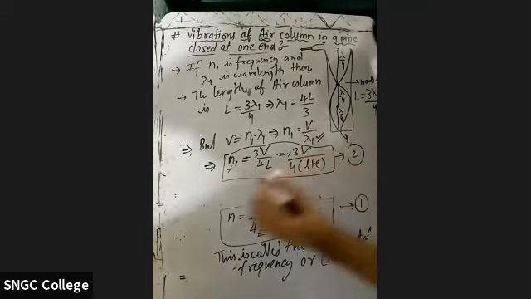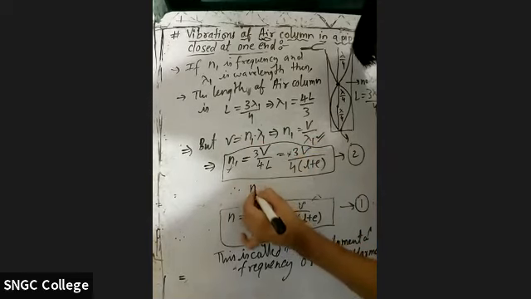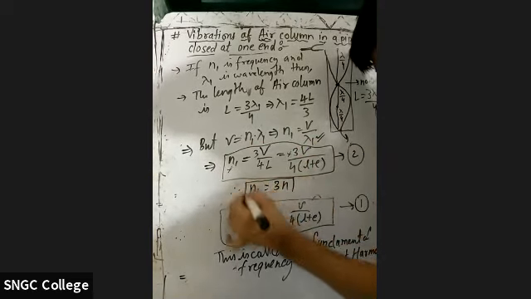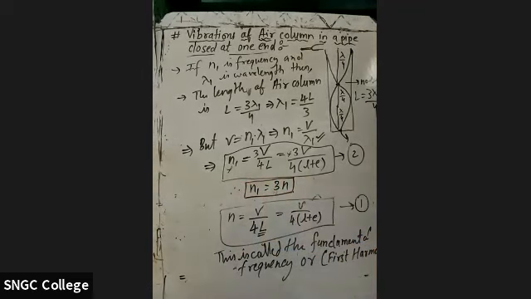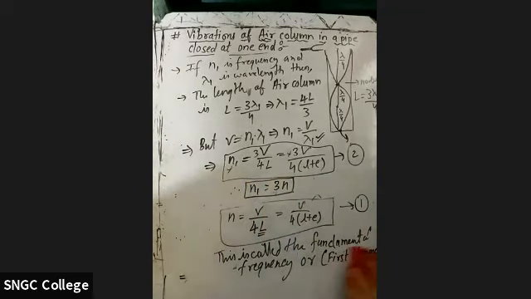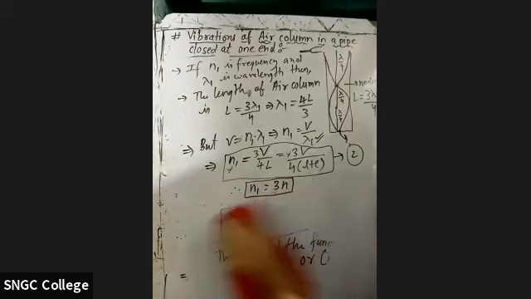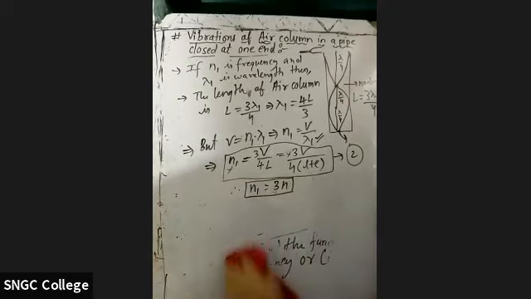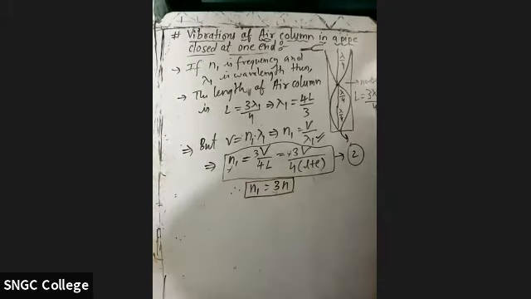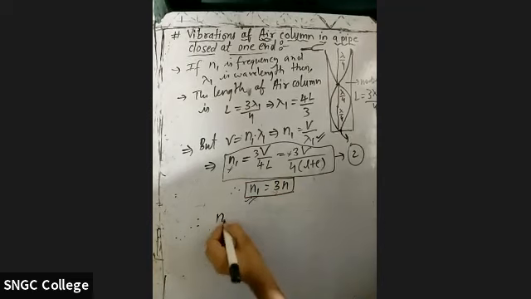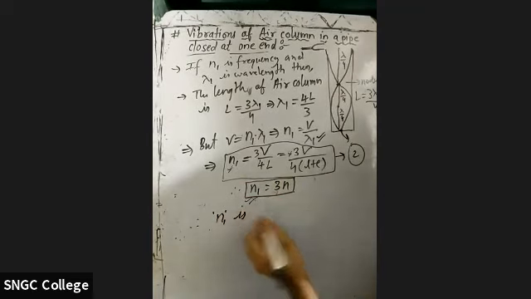That means therefore n1 is 3 times the natural frequency. So n1 is which harmonic?